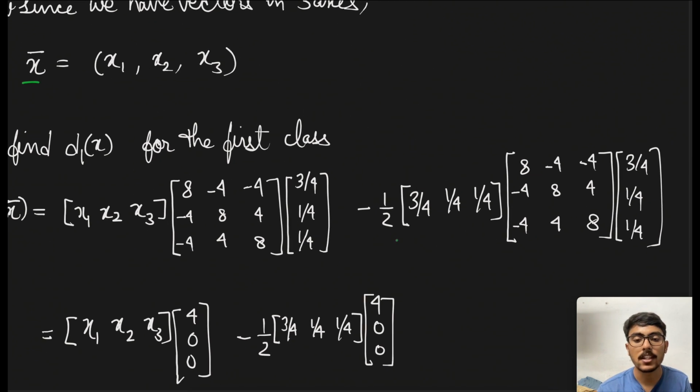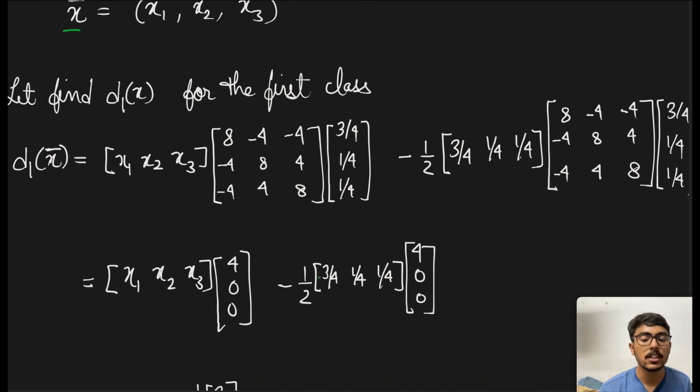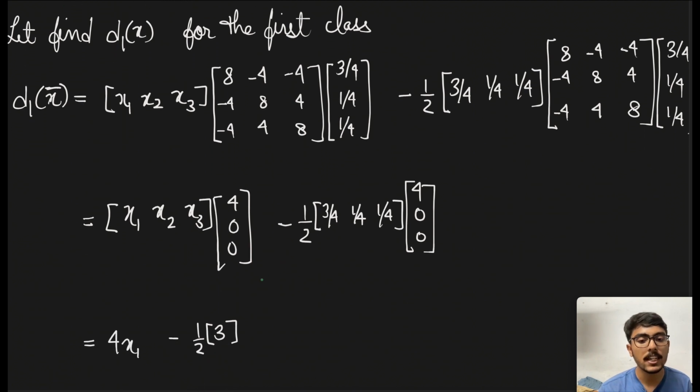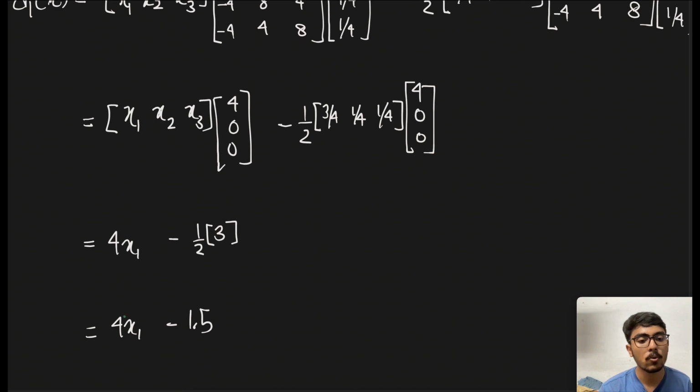Then we have half into mj transpose into C inverse into mj. By simple matrix multiplication, we find it as 4 times x1 minus 1.5, right? Because this multiplies in this way and 4x1 is only left.